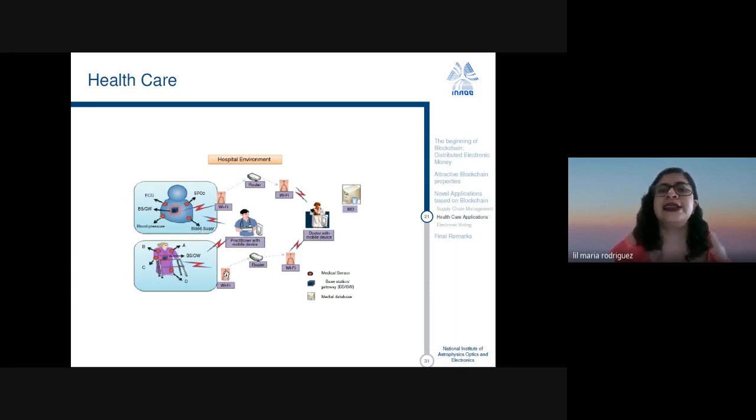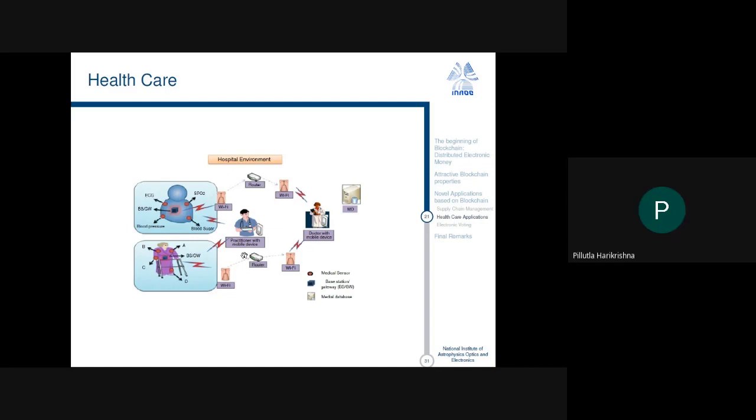The idea is that this information needs to be shared with practitioners, with doctors, with pharmacies, hospitals, etc. And as you know, all this information is many times traveling through Wi-Fi channels. So, of course, we are concerned about the privacy and confidentiality of this medical data.